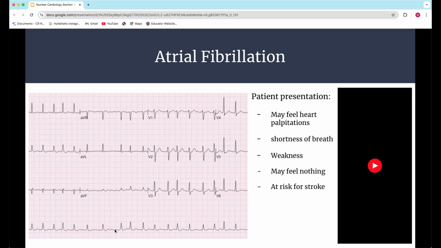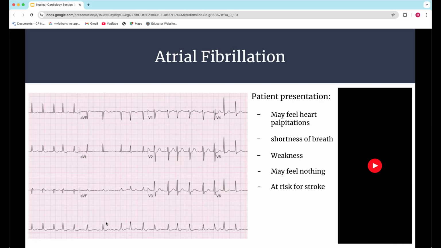The other thing to notice about this rhythm is that we call it atrial fibrillation. Look at the QRS complex. Notice that if you took calipers and measured that, it's not the same. The distance between these two is very different than the distance between these two. And the reason for that is because as that atrium is trying to do its thing, every once in a while, the AV node gets an impulse and then fires.